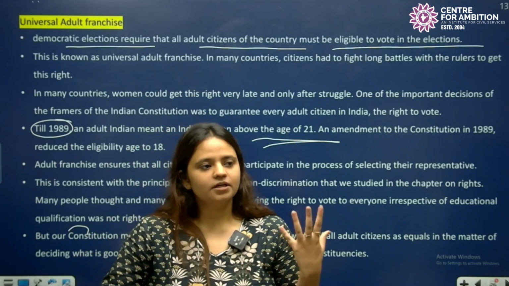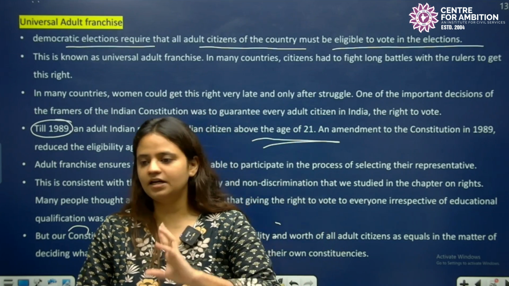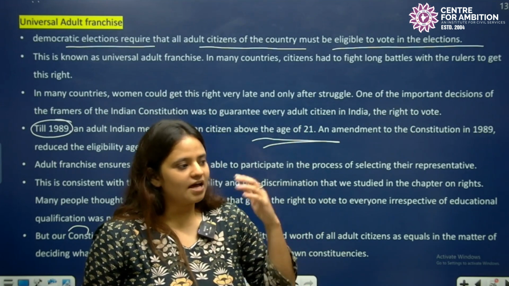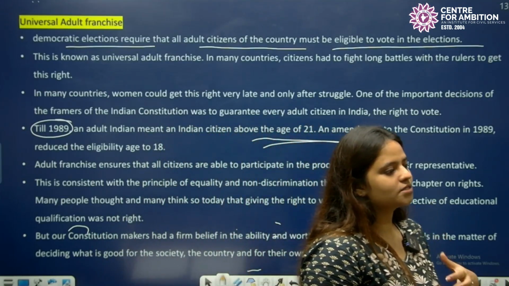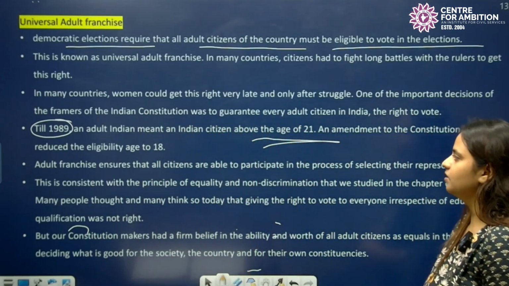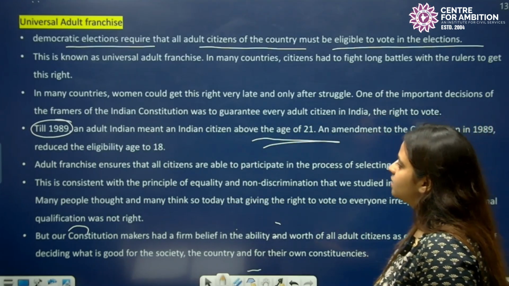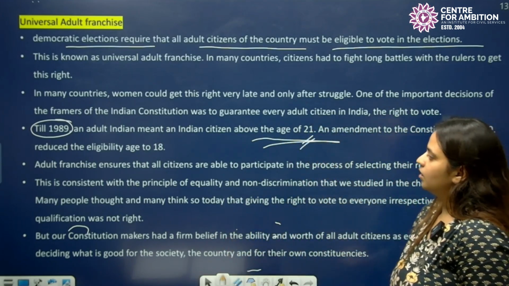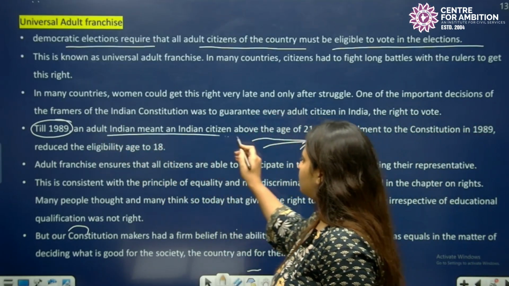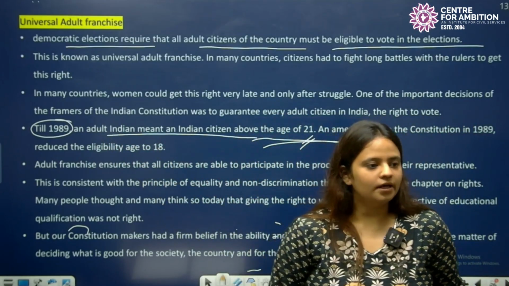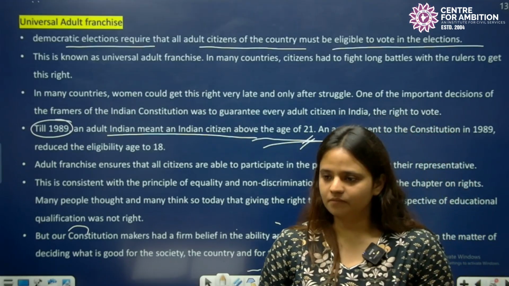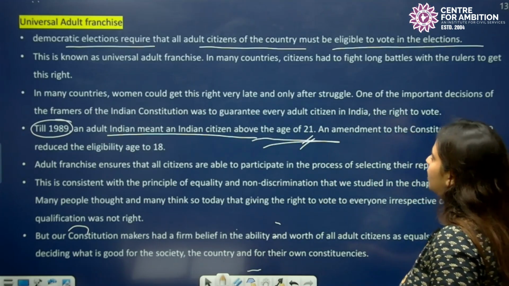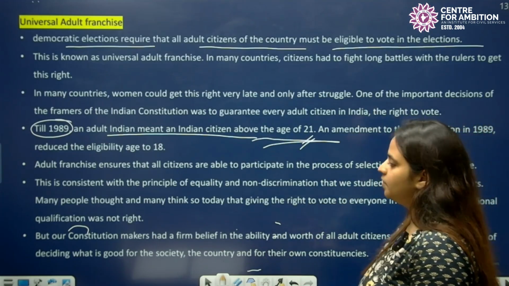The framers of the Indian Constitution saw this and learned their lessons, so they guaranteed universal adult franchise in the Constitution itself. Till then it was age 21, where an adult meant an adult Indian citizen who can choose the political party, who can contest an election, who is eligible to vote.